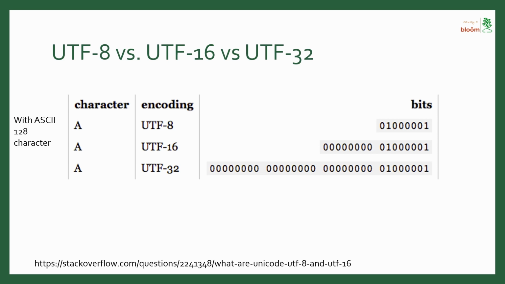This is decimal number 65. In UTF-16, we use 2 bytes. So it's represented in this manner. Then in UTF-32, we represent a character using 4 bytes, and so here we can see the binary value 65 and the rest are filled with zeros.